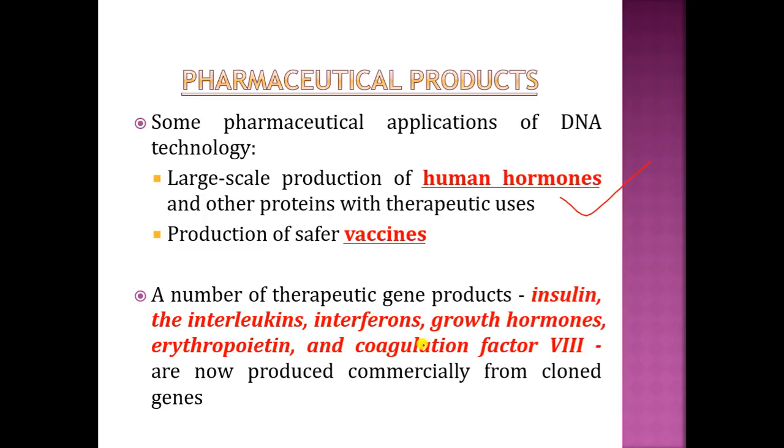A number of therapeutic gene products are made in the pharmaceutical companies, like insulin, interleukins, interferons, growth hormones, erythropoietin, coagulation factors, and so more. A list of products we are getting by the recombinant DNA technology.